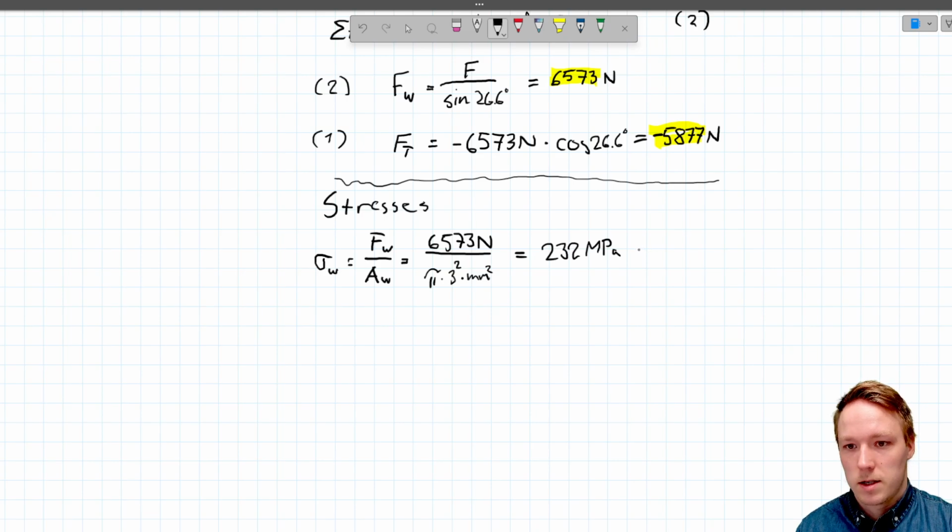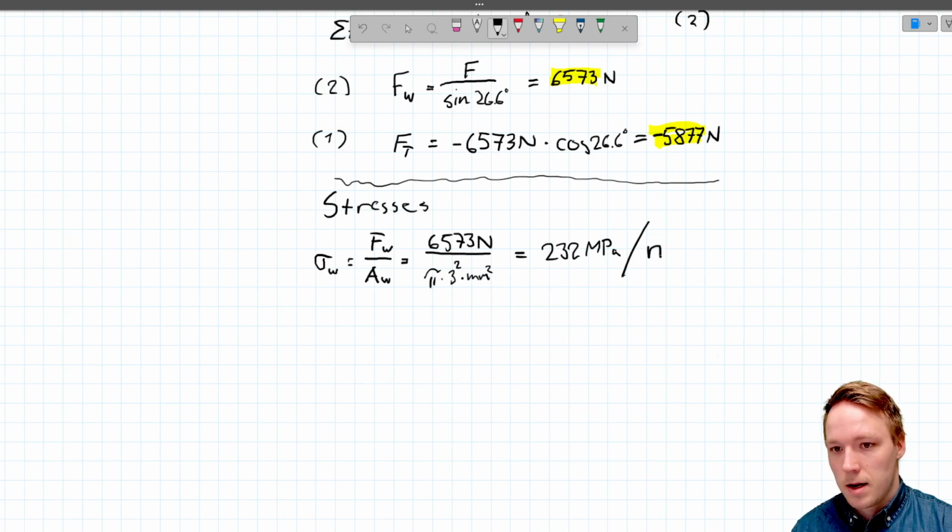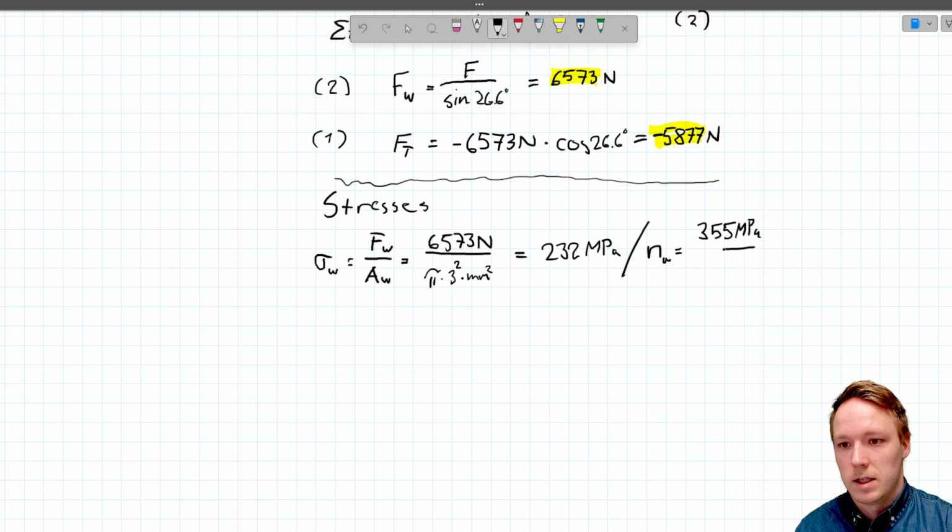And now we can easily solve the factor for safety. So now the NW is the yield strength of the steel wire was 355 megapascals divided by the stress, which we just calculated, so 232 megapascals.